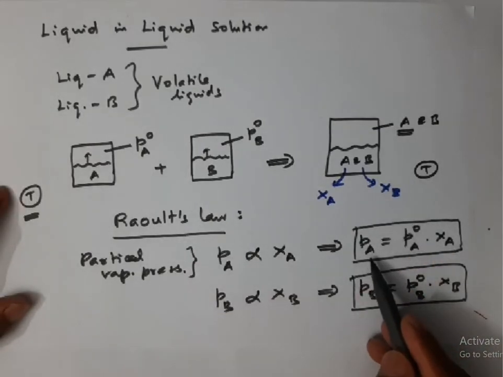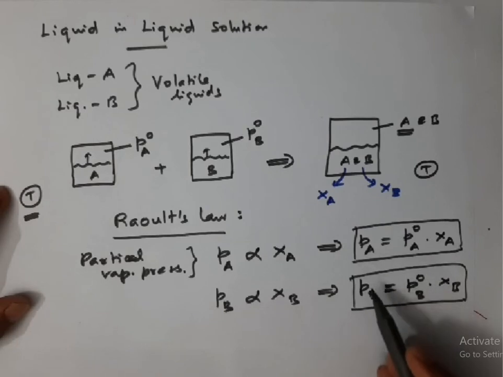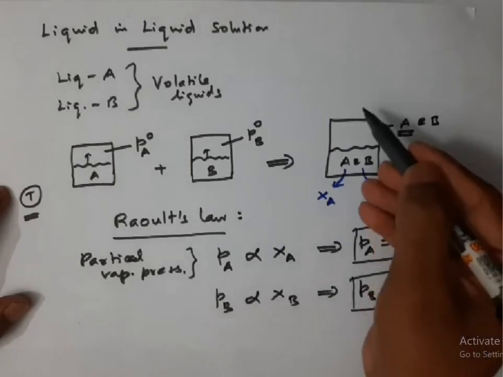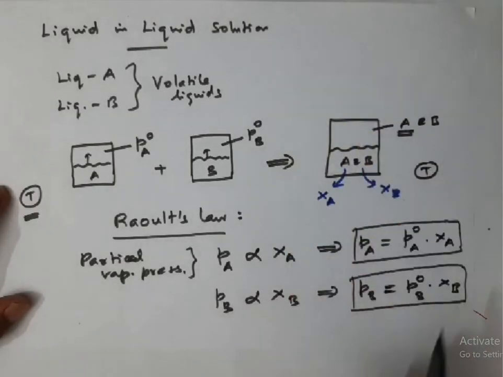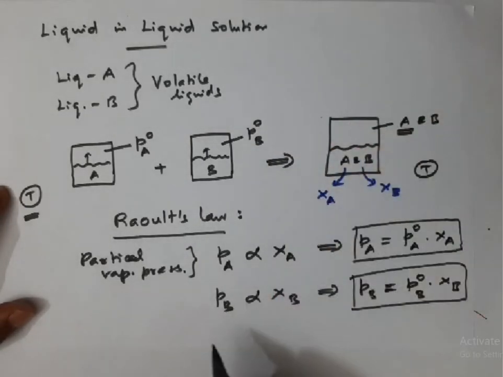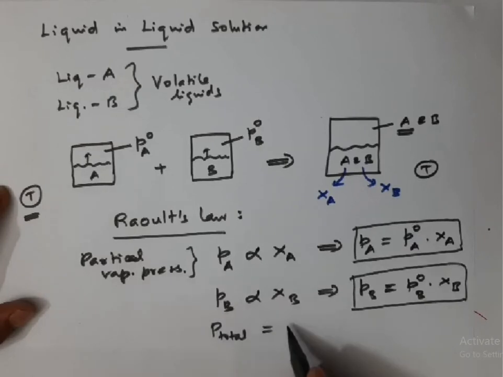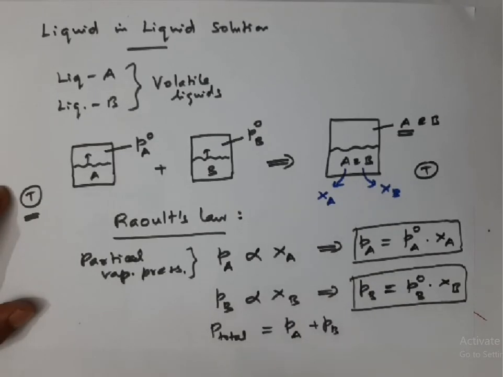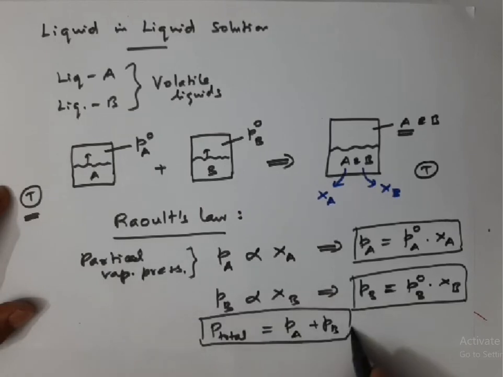If you know the partial vapor pressure of A and of B, you can say what is the total pressure above this mixture or solution. The total vapor pressure above the solution is nothing but the partial vapor pressure of A plus the partial vapor pressure of B. This is the total pressure obtained by using Raoult's law.